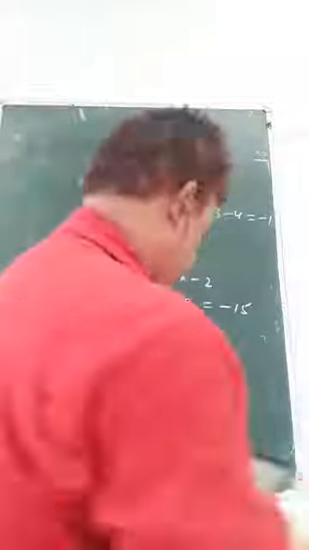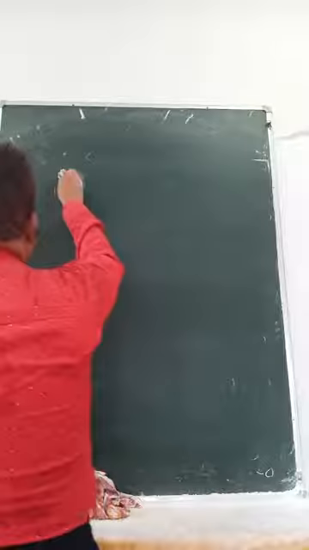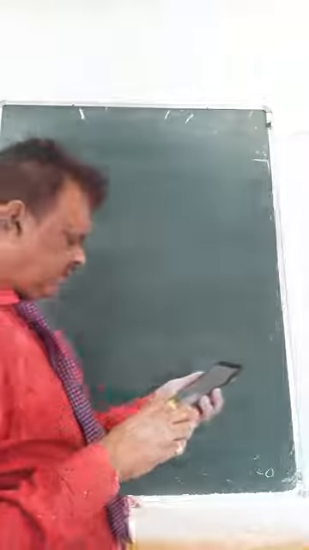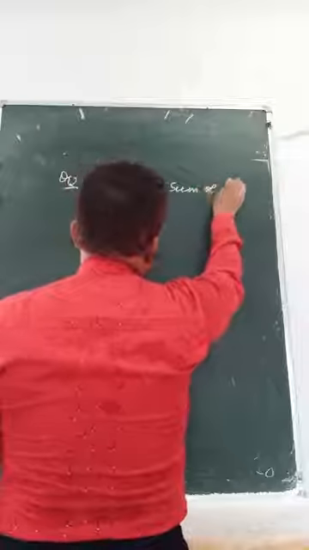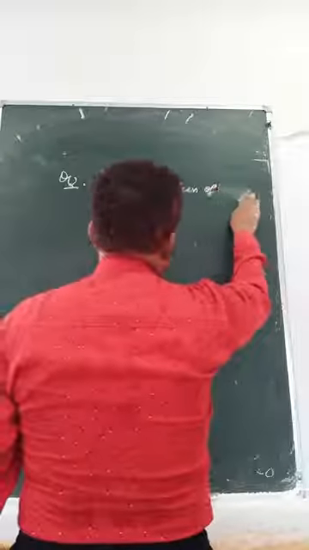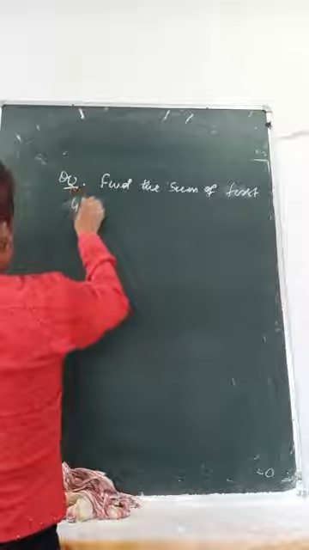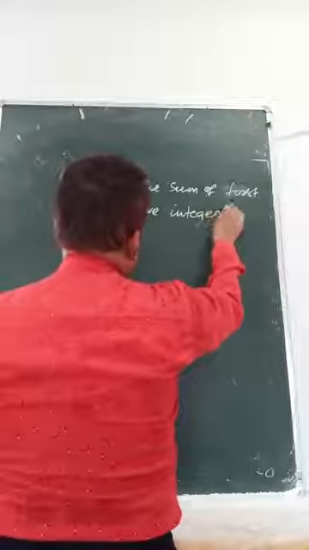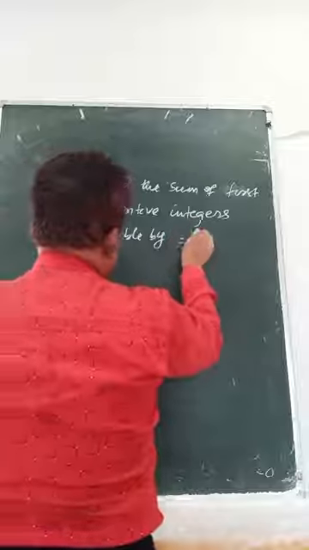Question number 12. Find the sum of the first 40 positive integers divisible by 6.